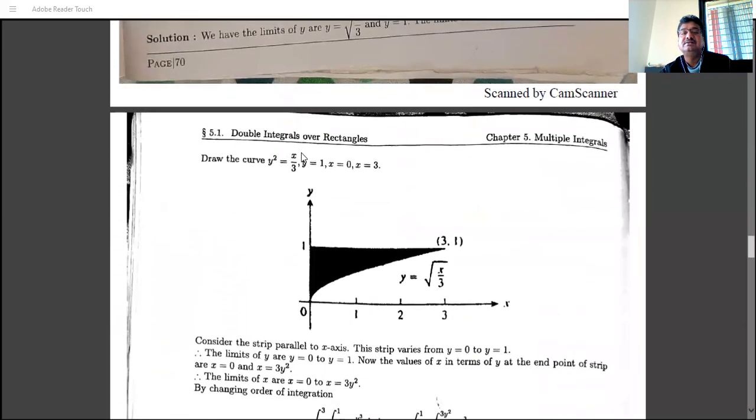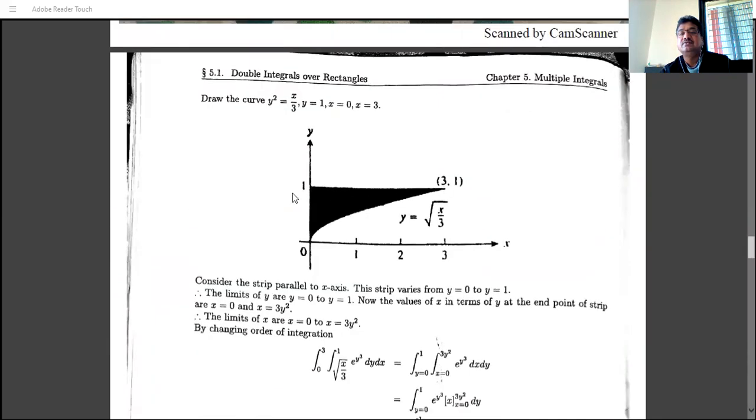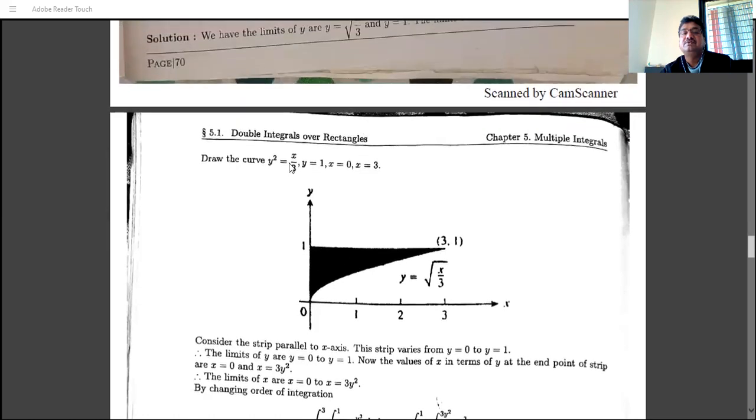So y square is x by 3 is the equation of a parabola around the x-axis. This is the parabola, and the line y is equal to 1 is parallel to the x-axis. Solving y is equal to 1 and y square is equal to x by 3, we get the point 3, 1.